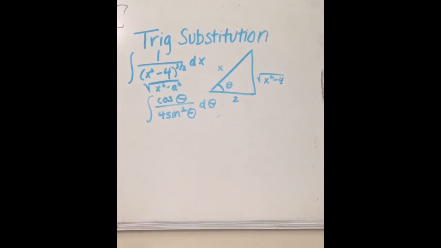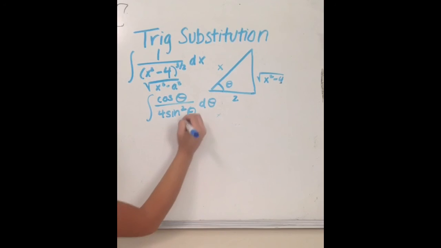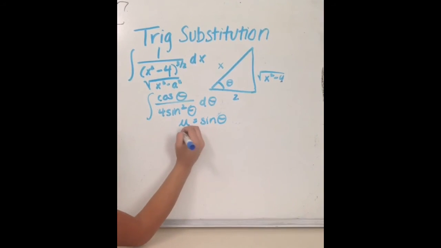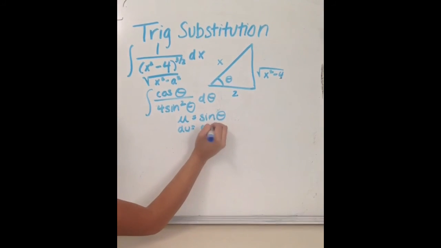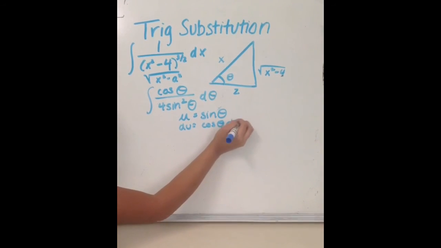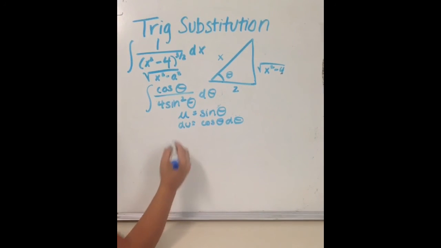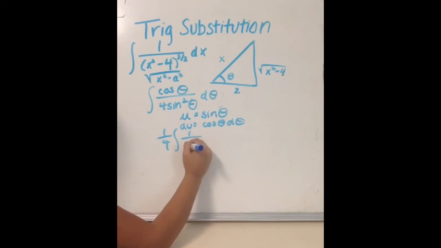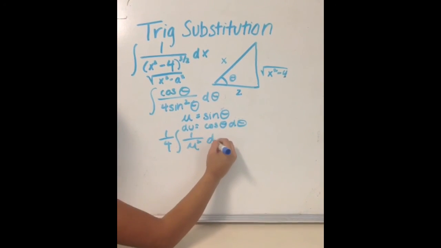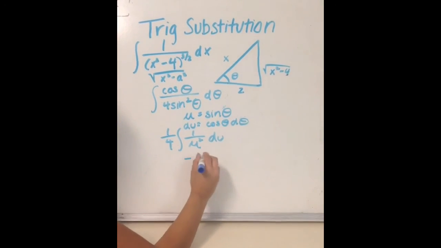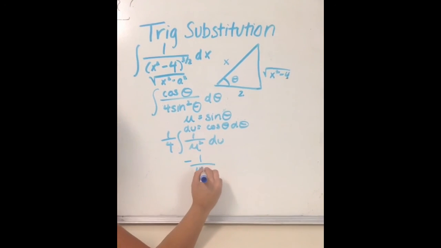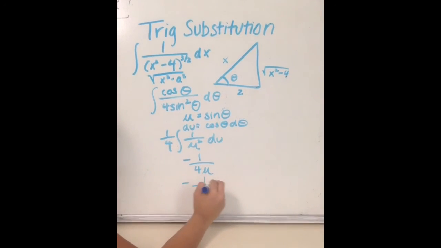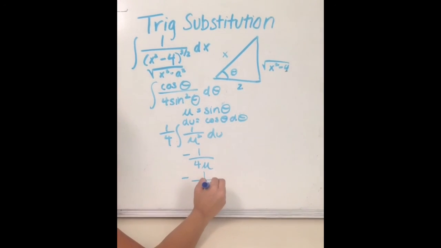Then we could use u substitution to solve this. U will be equal to sine of theta. Du is equal to cosine of theta d theta. So this will all cancel out and become 1/4 integral 1 over u squared du. That becomes negative 1 over 4u. And u is sine of theta, so negative 1 over 4 sine of theta.